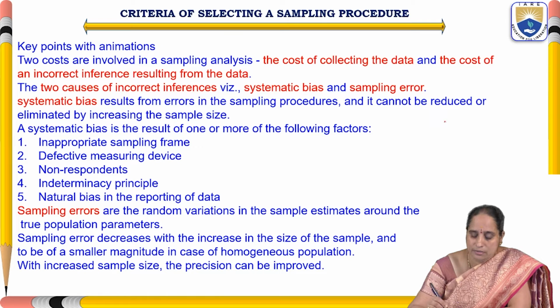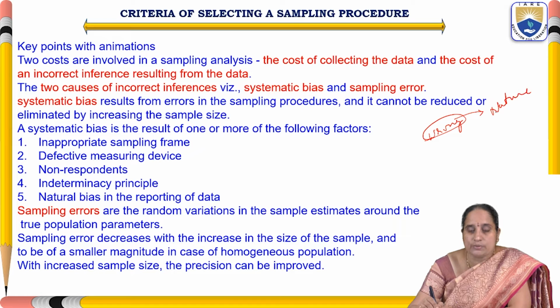The other one is a wrong selection of a sample, which again results in systematic bias. This is very essential. Based on the nature of your study, you have to select a sample. Otherwise, it leads to sampling errors as well as systematic bias.